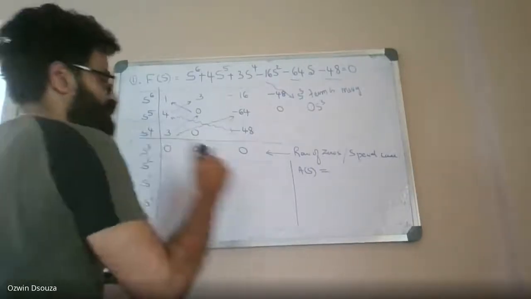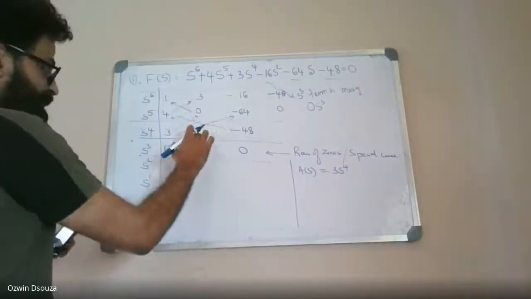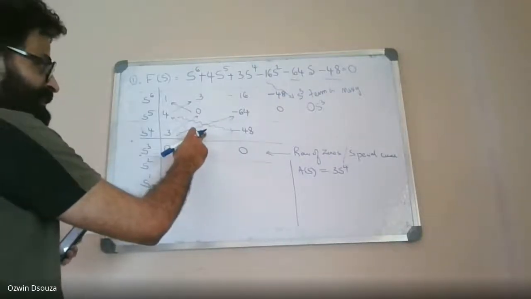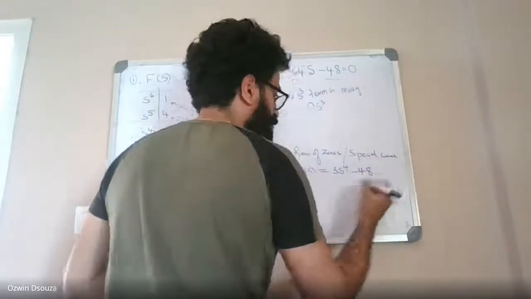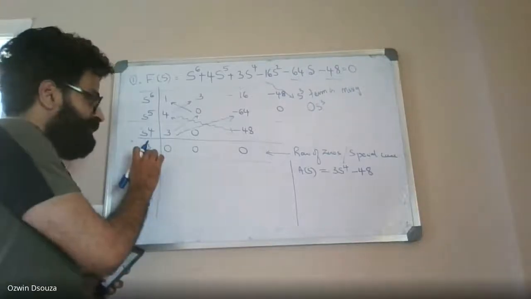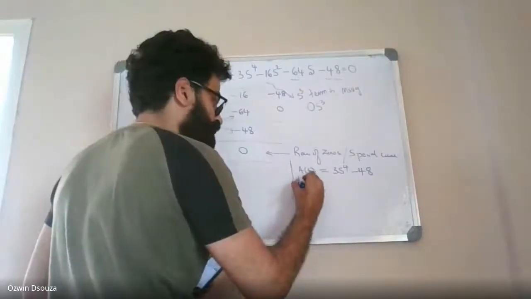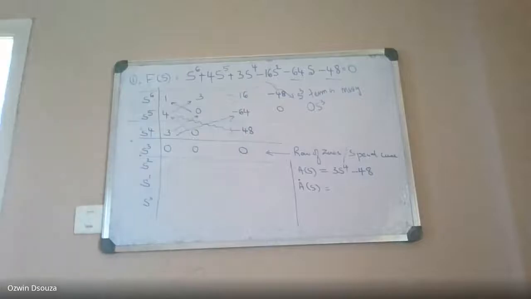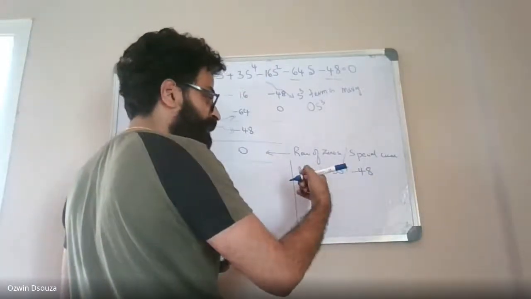So using S to the power 4 row, you are supposed to create auxiliary equation. So 3 into S to the power 4. Then there's a 0 coefficient, no point. So 0 into S square, that is 0, minus 48. So this is your auxiliary equation. Now, in place of zeros, you are supposed to substitute the coefficients of the differentiated equation, that is A dot of S. So A dot of S is nothing but dA of S by dS.